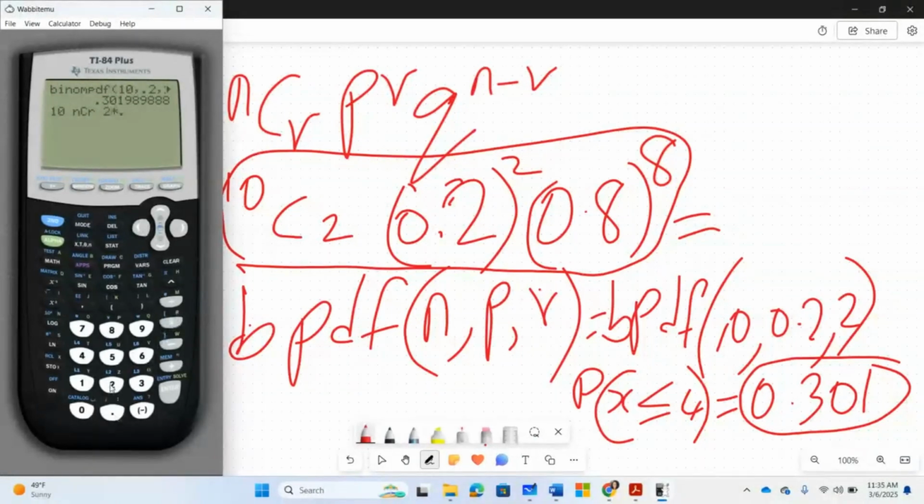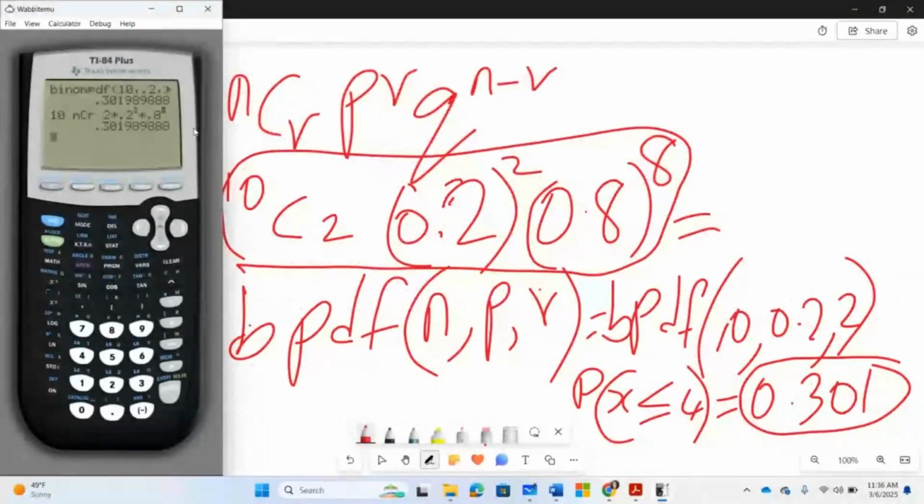It is 0.2 to power 2, and then multiply by failure. Failure is 0.8, caret 8. That's 10 minus 2. Okay. When I hit enter, I want to see my answer by calculator.